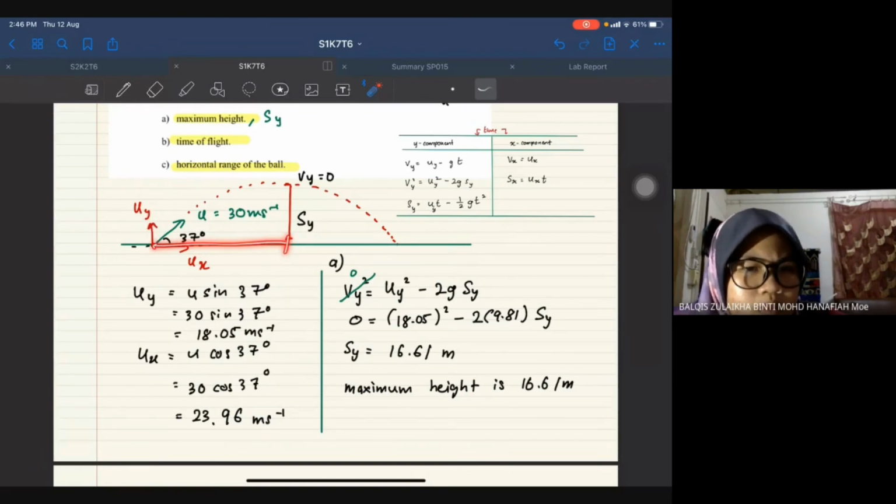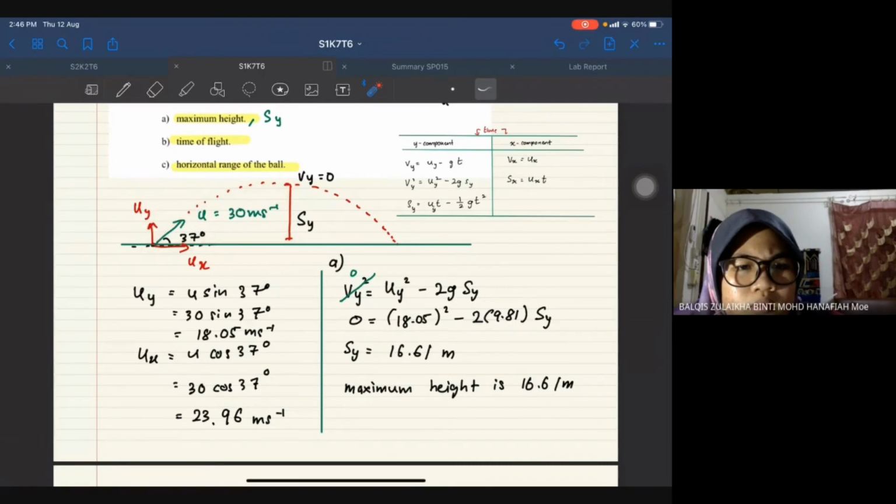Masa yang diambil untuk daripada point A untuk X component ke point B dengan point A ke maximum height yang Y component je, waktu dia sebenarnya adalah sama.